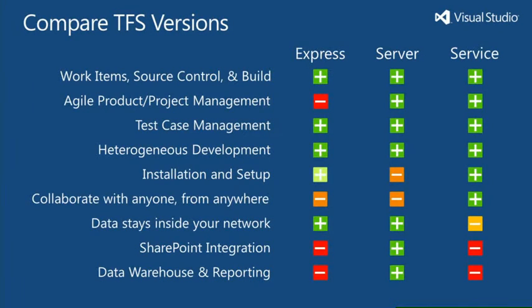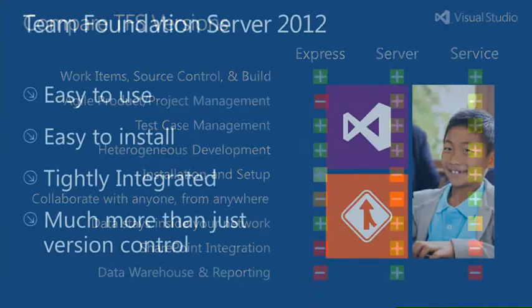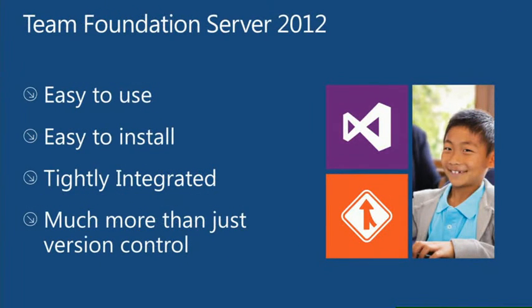Whereas if you're happy for the data to live outside the firewall, then you can host it on the cloud. And it means you can collaborate with anyone because it's in the cloud, whereas these people need to be in your network. So there are the 3 different versions. That's roughly the difference between them. So it's TFS, easy to use, easy to install, and it's much, much more than just the version control tool.